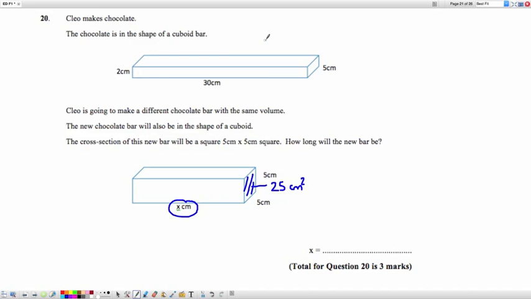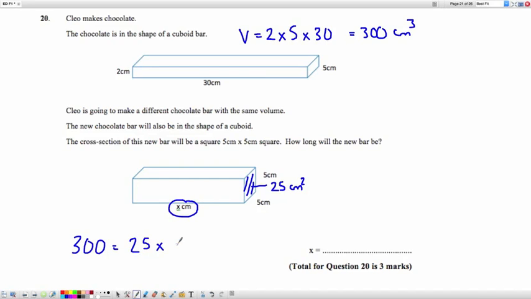So first let's find the volume of the original, which is found by 2 times 5 times 30, which is equal to 300 centimetres cubed. So here we need to have an answer of 300 from 25 times x. So x is going to need to be equal to 12.